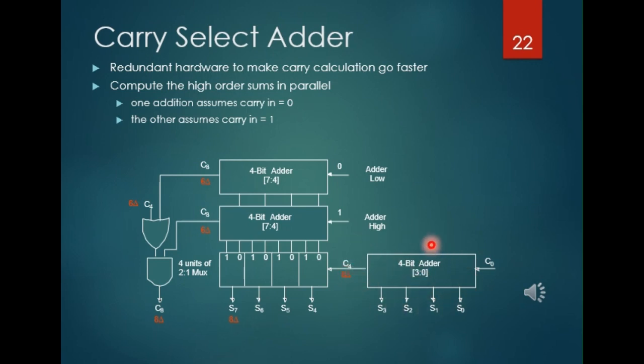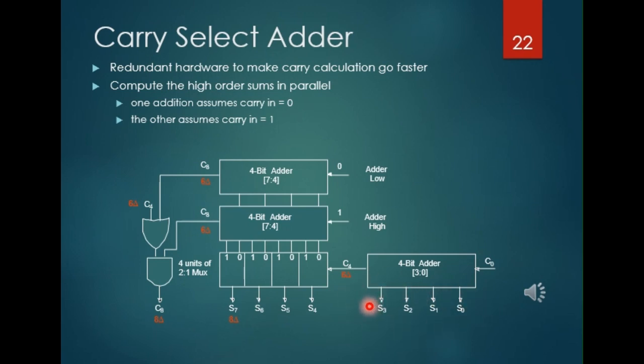So this upper 4-bit doesn't need to wait for the completion of the lower 4-bit. It can start at the same time as this lower 4-bit adder, because it has two sets. One is considering no carry out from the lower 4-bit, the other with carry. So these three adders can start operation at the same time.